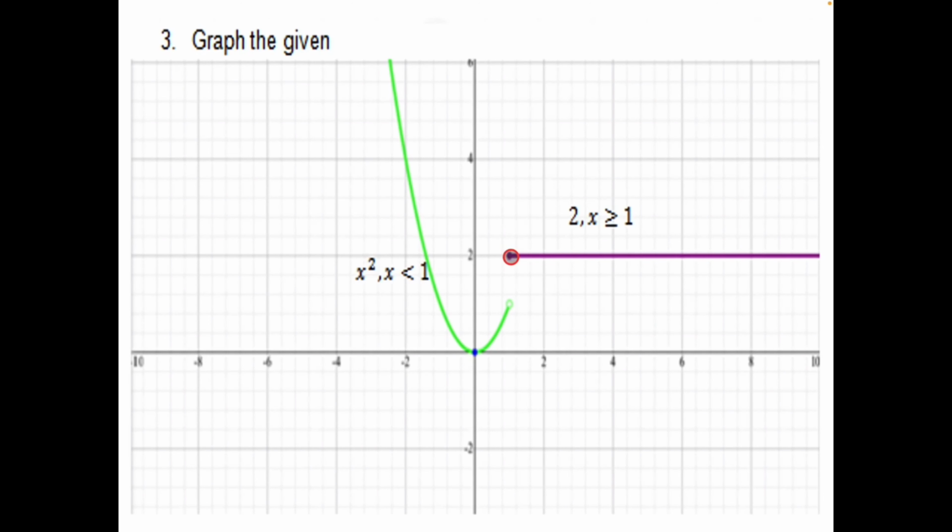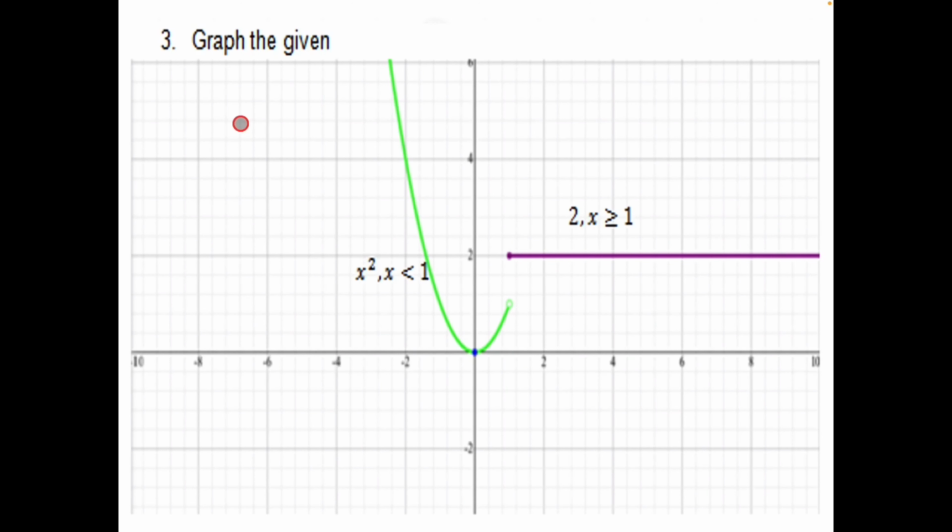Tapos, mataas daw sa 1. So, this is 2, 3, 4, 5. Not 2, 3, 4, 5. This is 2, 4, 6, 8. So, ito yung mga x na. Then, next here is the graph of the parabola. So we have here x squared, x is less than 1.